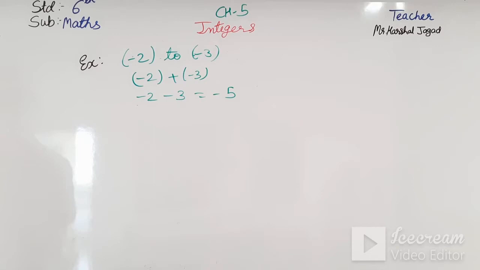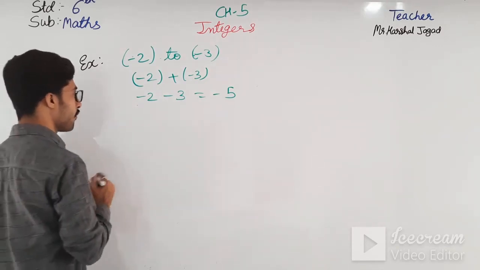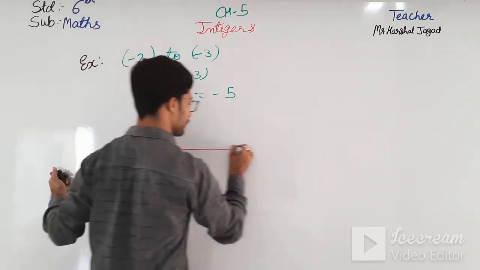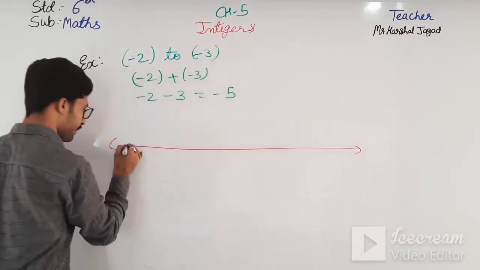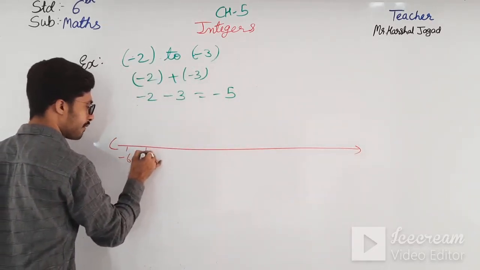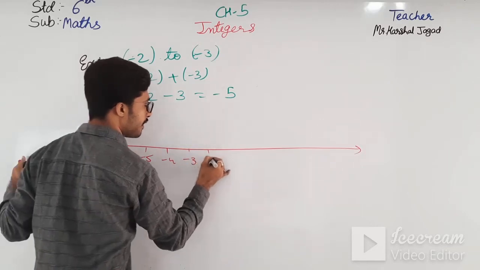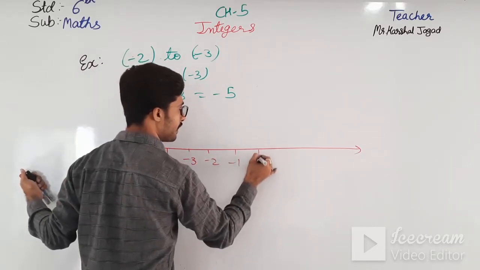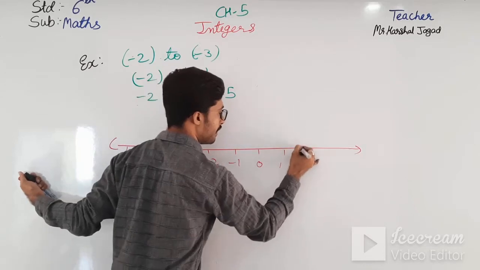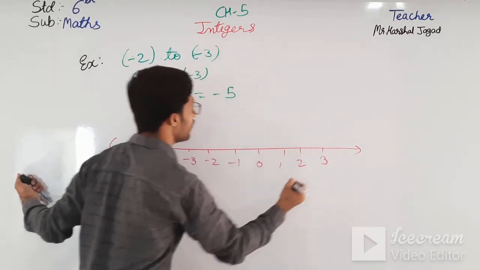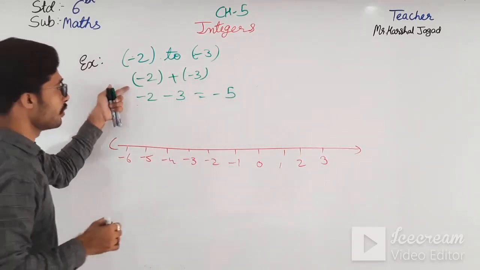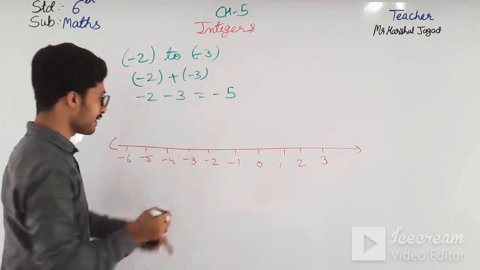Then moving towards the next, drawing the number line for this. -6, -5, -4, -3, -2, -1, 0, 1, 2, 3. So what have they done? -2 plus -3.